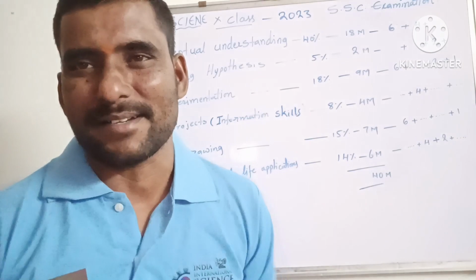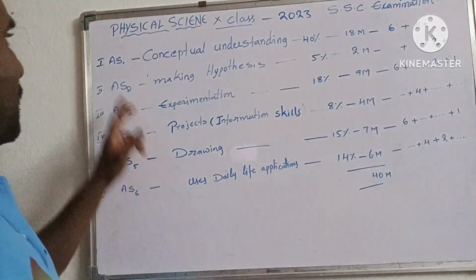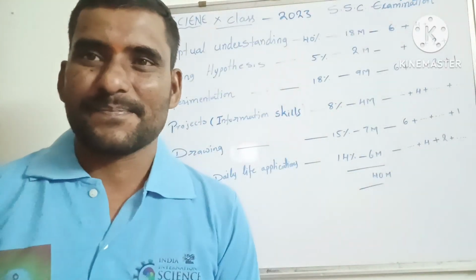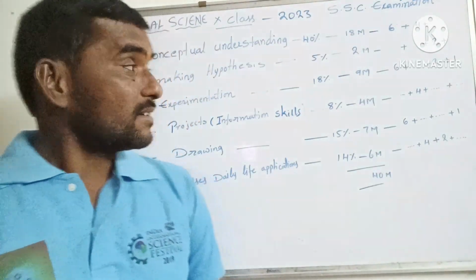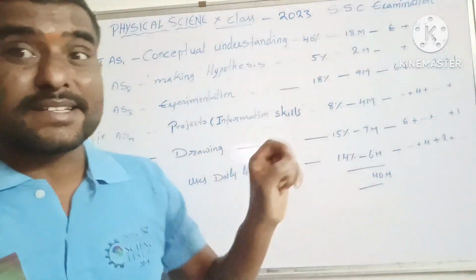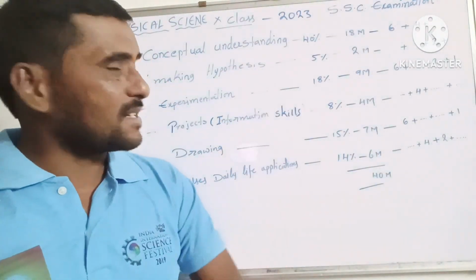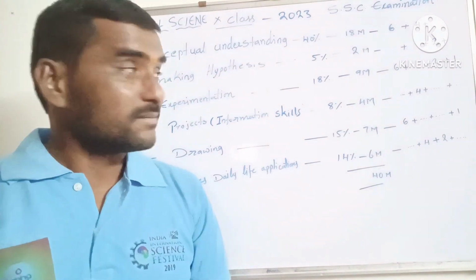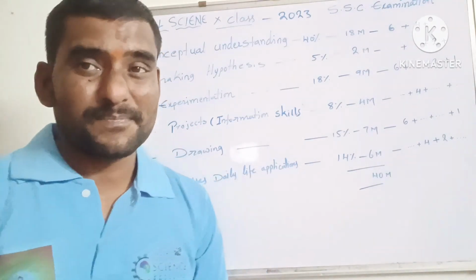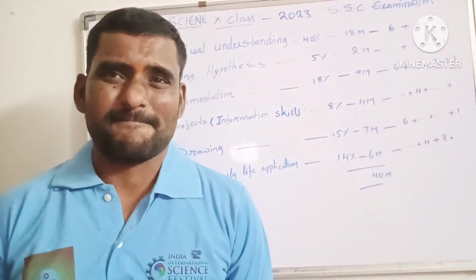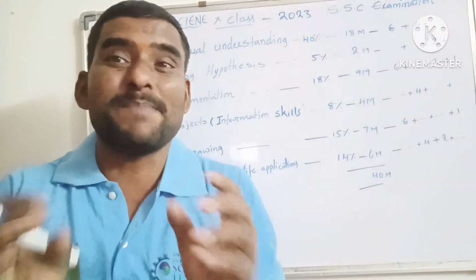First is conceptual understanding. From this, we can get 18 marks. We can expect a long question and also a short question, and maybe the remaining objective questions.